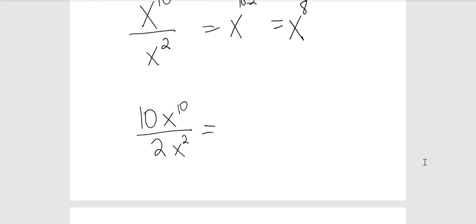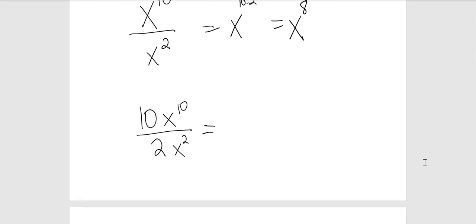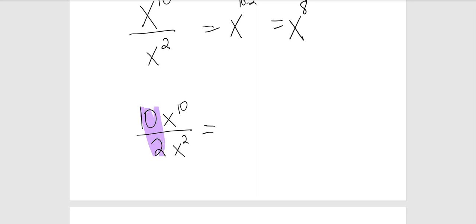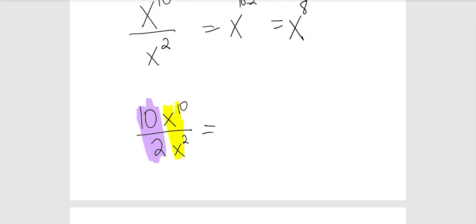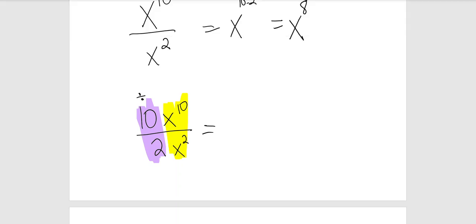It's going to get a little bit more challenging with your polynomials, but it all comes down to you've got the coefficients, and then you've got the variables with like bases, and you're going to actually divide your normal numbers, the coefficients, and subtract the exponents when they have a like base.